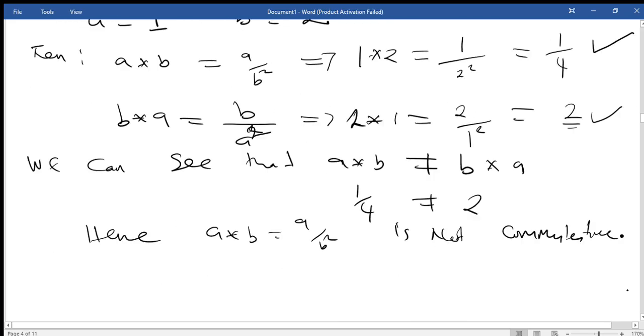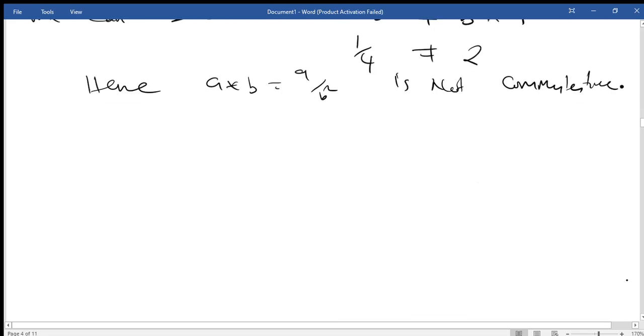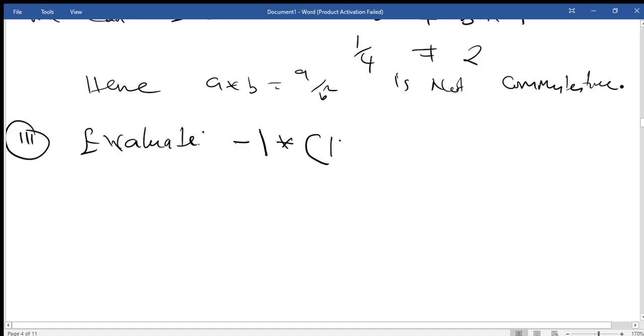And then the last part of this question is going to say, can you evaluate now? Evaluate -1 star open bracket 1 star 2 plus -1 star 1 star 2.